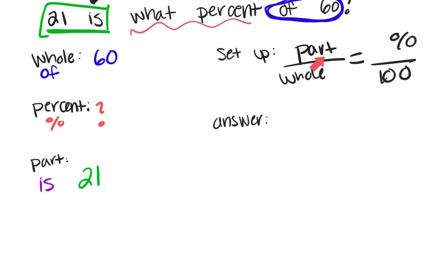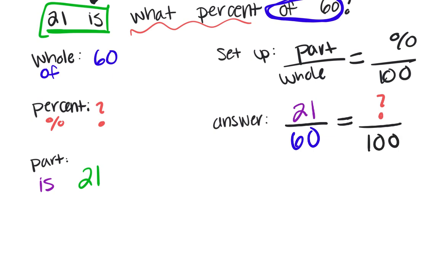So instead of the word part, I'm going to put 21 over the whole, which we said was 60, equals, and then we don't know the percent, so I put a question mark for the thing I don't know, over 100. So part over whole equals percent over 100.